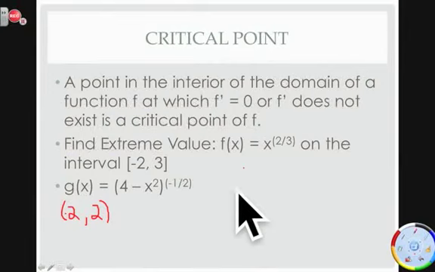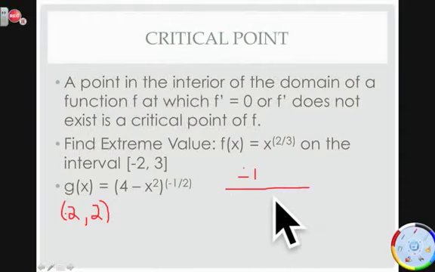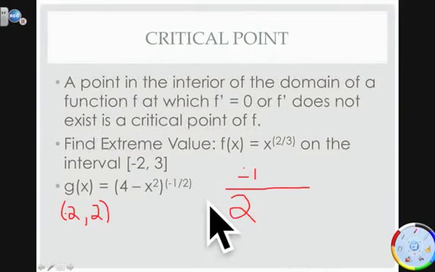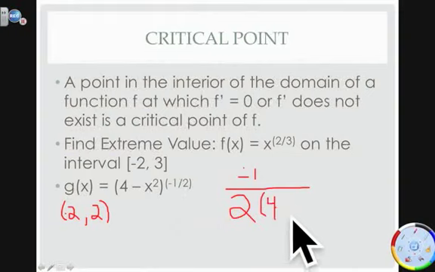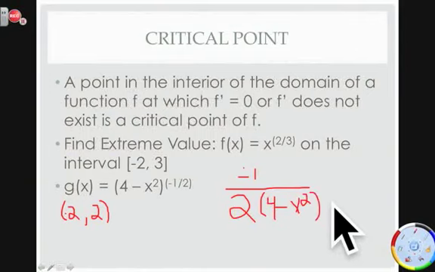The power rule says -1/2 out front, times 4 minus x squared to the power of -3/2, and then times the derivative of the inside piece, which is -2x.